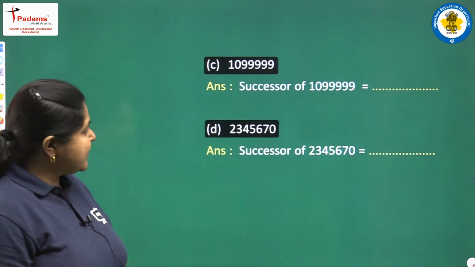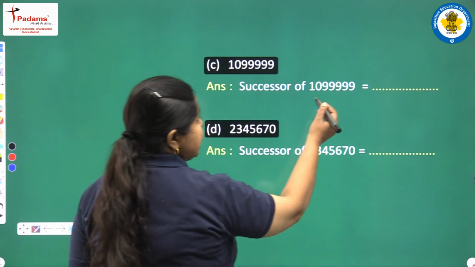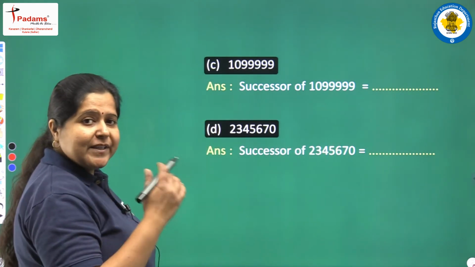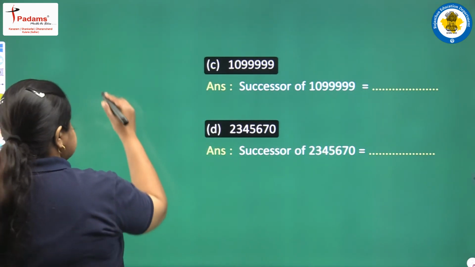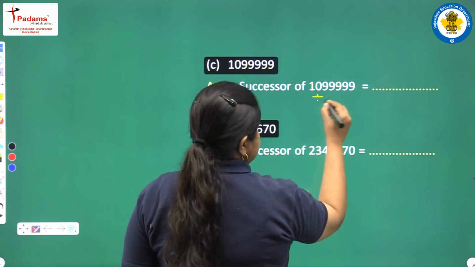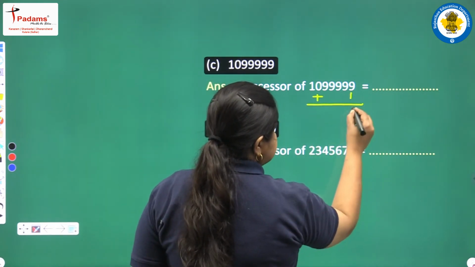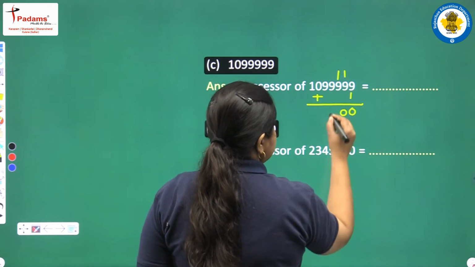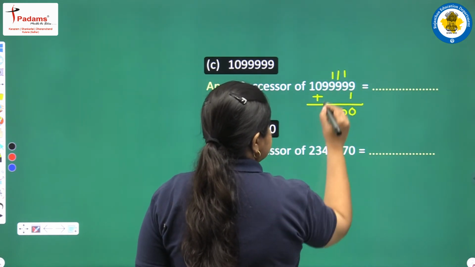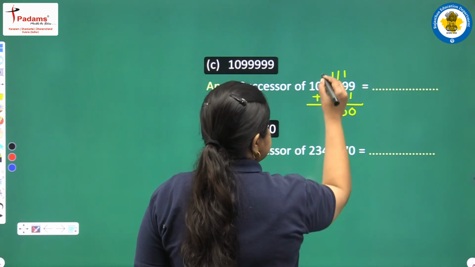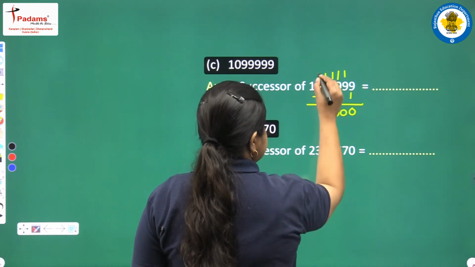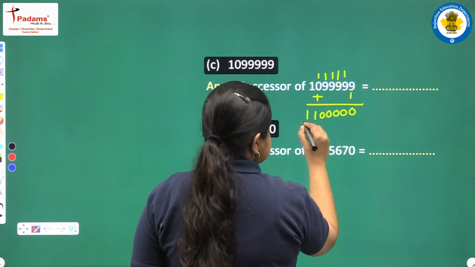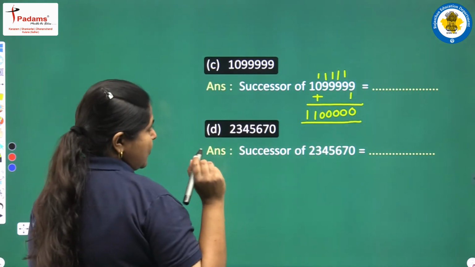We take up one more question. Again there are so many 9s, so they all will be changed. To find the successor, we will add 1 to it. 9 plus 1 is 10, 1 carried, again 10, 1 carried, again 10, 1 carried, 10 and 1 carried, 10 and 1 carried. Let us mark the commas.